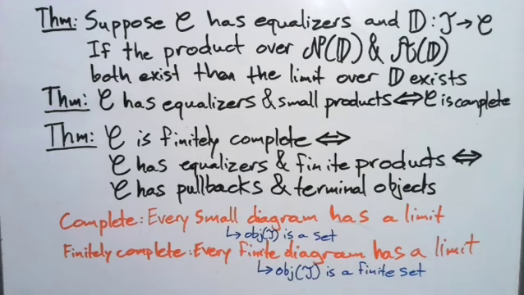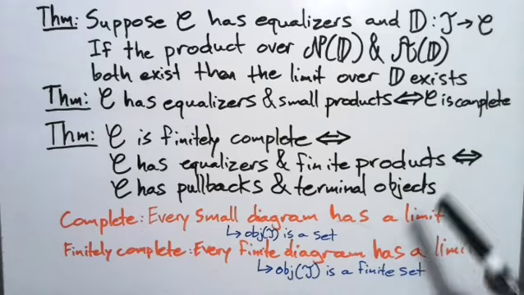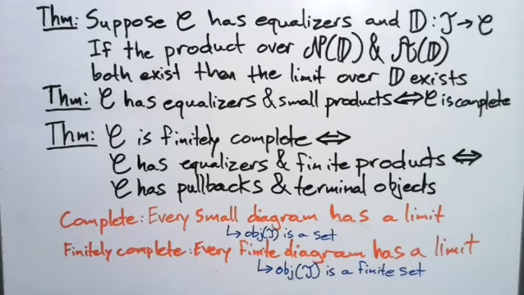And finally, in a previous video, we had already proved that C has equalizers and finite products if and only if C has pullbacks and terminal objects. And remember, it was finite products in this case because pullbacks is for two colliding morphisms, not an arbitrary number of colliding morphisms.